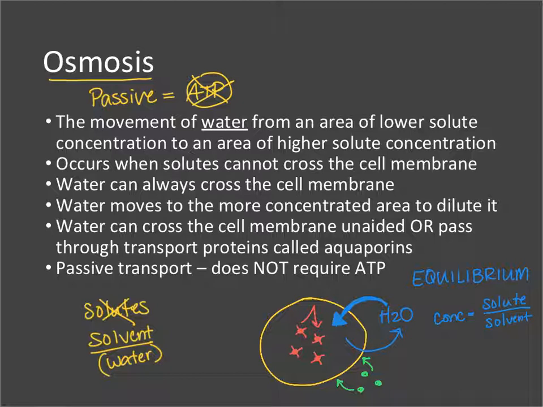So if we have areas with different concentrations, we can either move the solute from one area to another area, or if we can't move the solute, we could move the solvent. So you can kind of think of the movement of the solvent as kind of like diluting the more concentrated area. So think of this as a dilution. Rather than removing solute, we are going to dilute the more concentrated area.